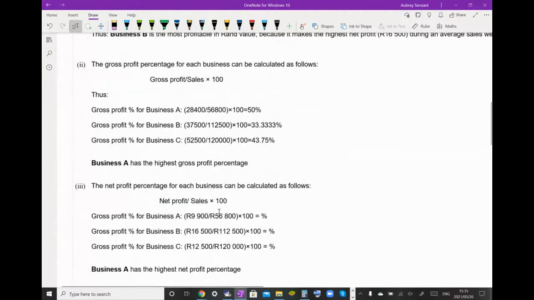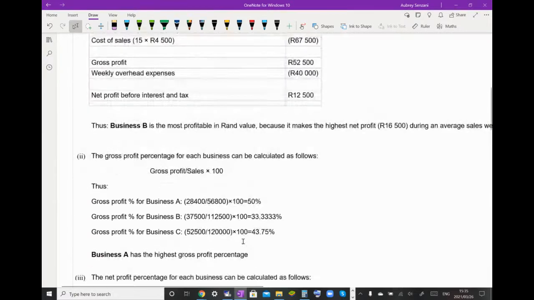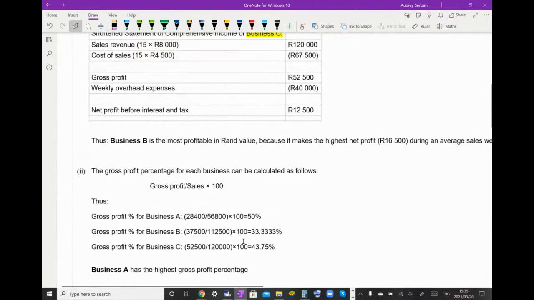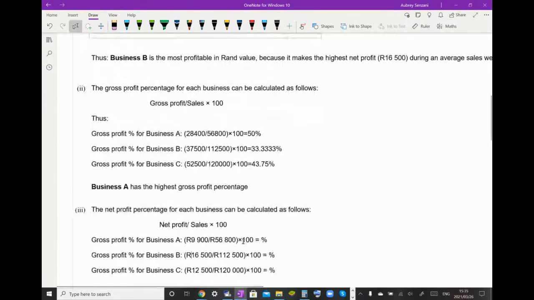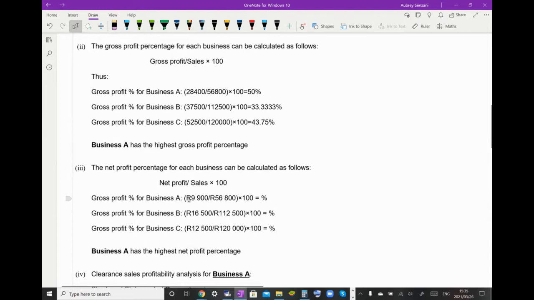Then the next one, we're also calculating net profit percentage. And what's the formula for net profit percentage? Somebody tell me. Net profit divided by sales, times 100%. Okay. So let's calculate what that should be. A. That's what I get.